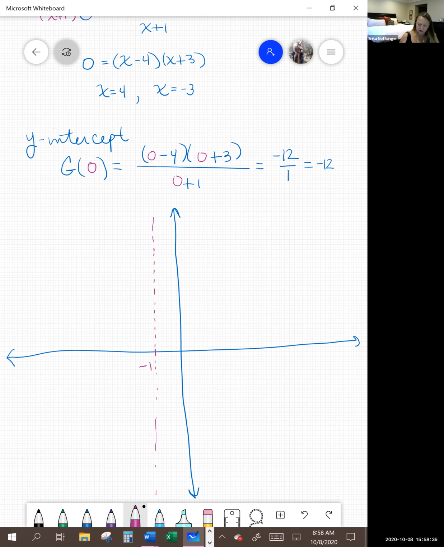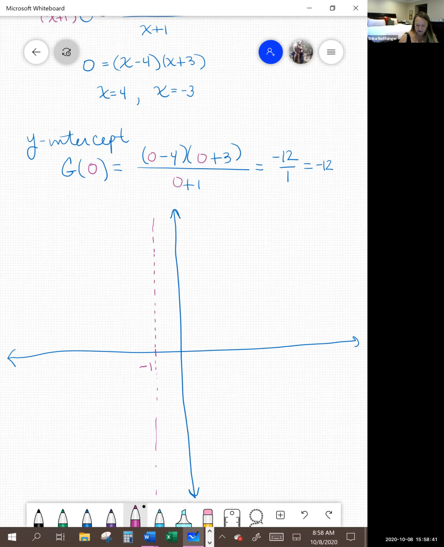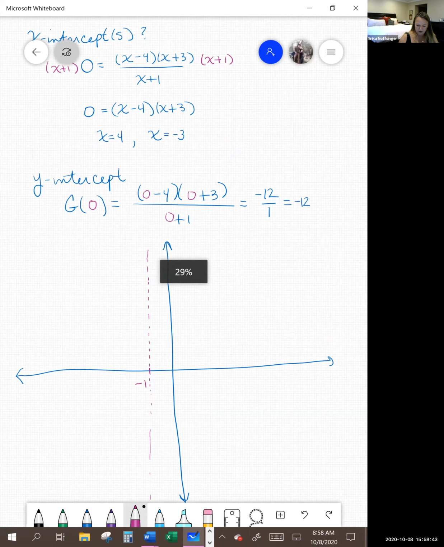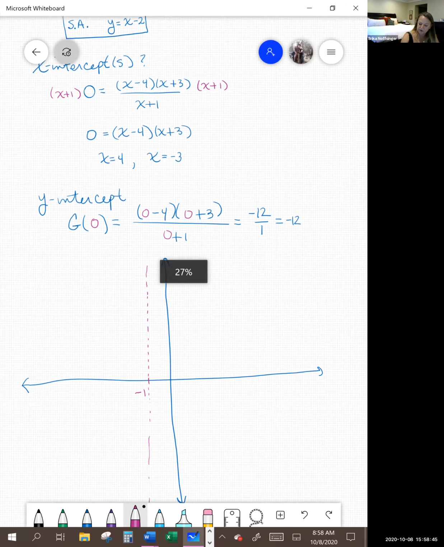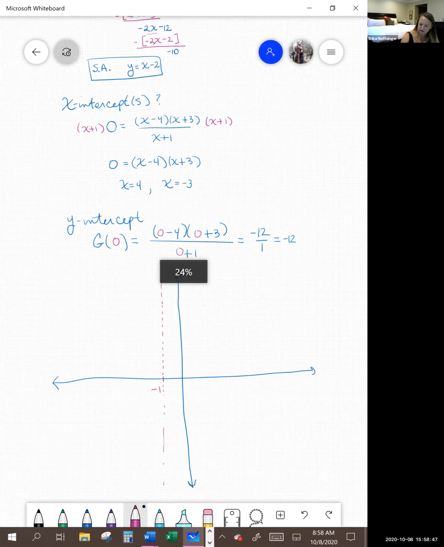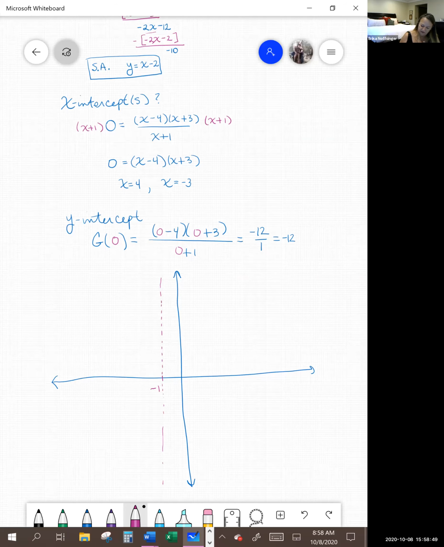We did not have a horizontal asymptote. We had a slant asymptote at y equals x minus 2. That's a linear equation. We know our slope is 1 and our y-intercept is -2.